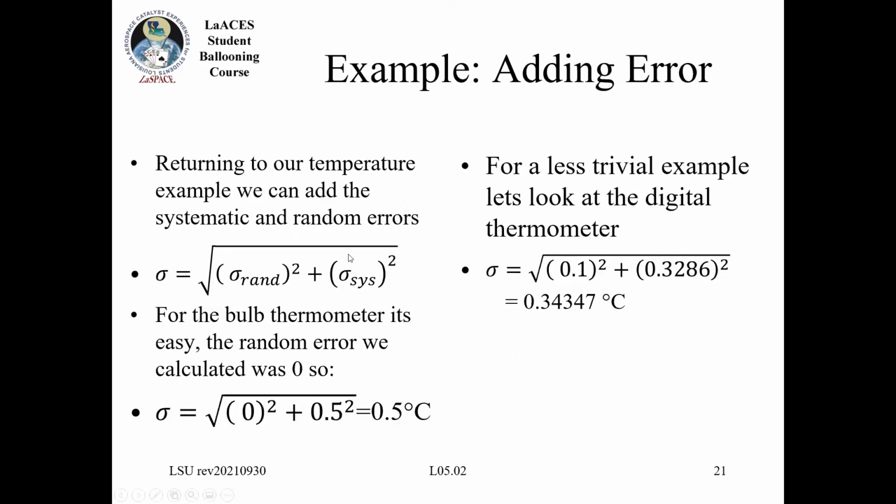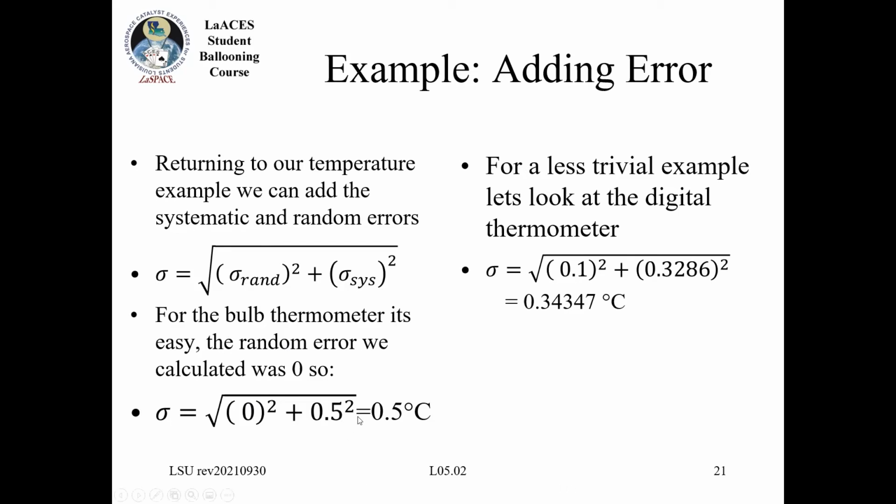An example of this is going back to the numbers that we calculated before. If we take the random error, square it, add it to the systematic error squared, and then take the square root. In the event of our bulb thermometer, where our random error was effectively 0, we add that to our systematic error, which we estimated to be 0.5 degrees C, based on the fact that I can read out half-degree increments of the thermometer.